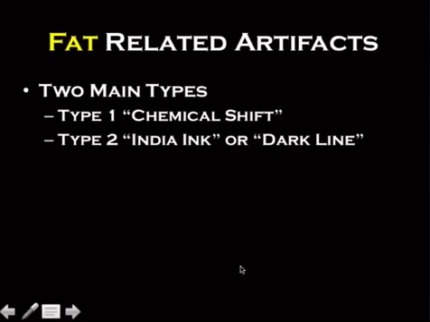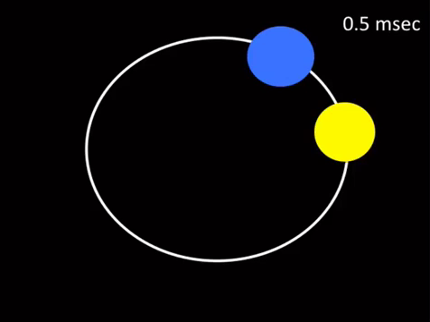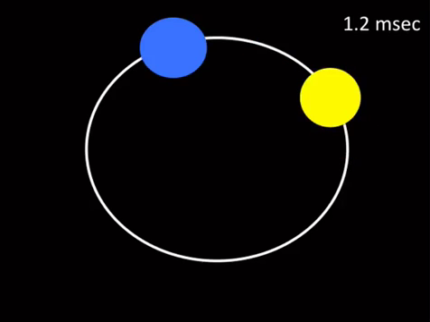Now what about this type 2, this India ink? So the same general concept, you've got fat and water behaving differently, and so one is faster than the other. So as they process, you're going to have the water sort of taking the lead.